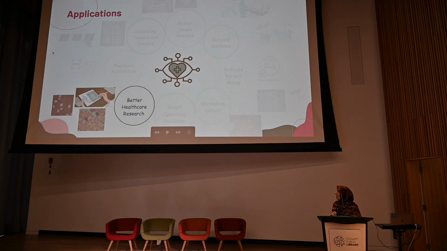And finally, computer vision can help in investigation and testing of new treatments. For example, a computer vision system can do more accurate and less biased cell counting compared to human workers.